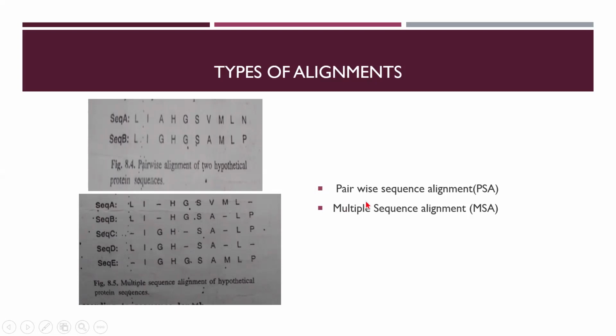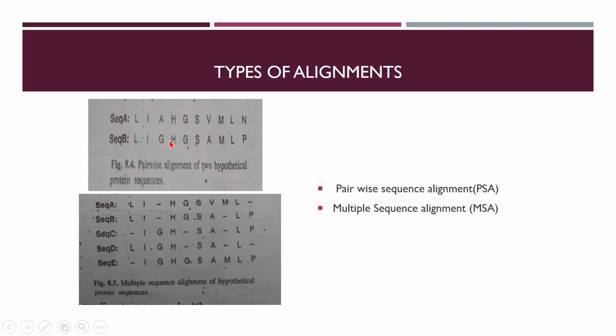Obviously, if two sequences are involved, that is called pairwise sequence alignment, abbreviated as PSA. If more than two sequences are involved, that alignment is called multiple sequence alignment. In pairwise sequence alignment, only two sequences are involved and they are aligned with each other.